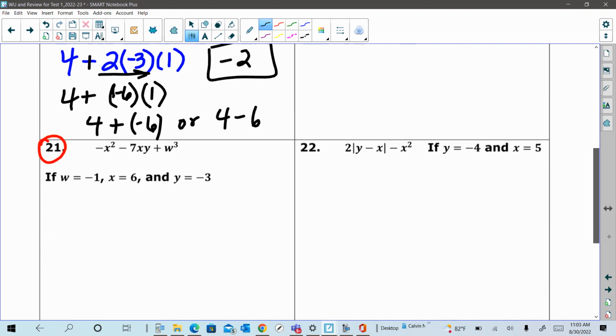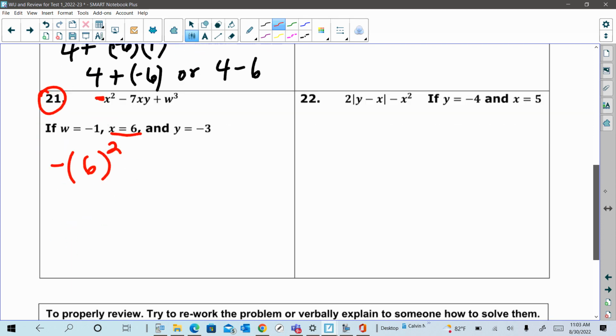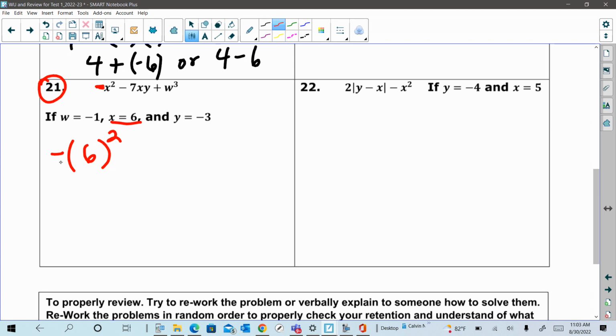So look at 21 with me, guys, because I'm guaranteed you'll see one expression like this. This is where people make a mistake. This negative sign is in front of the x. So when you do your parentheses to substitute, my x that I'm substituting here is 6. I keep that negative sign in front of that parentheses. So it should be written like this. The negative sign is outside the parentheses.